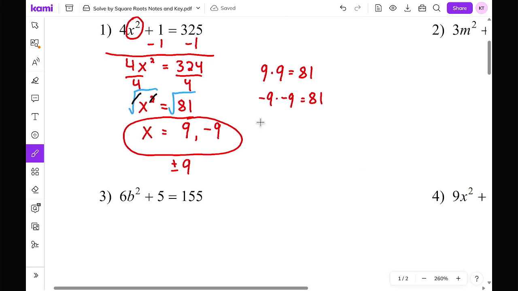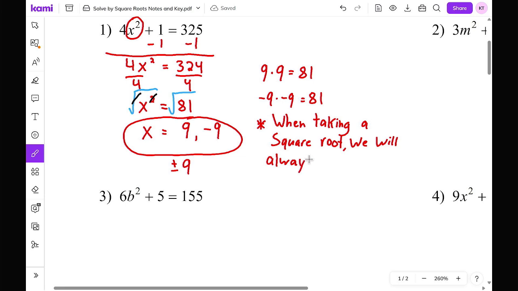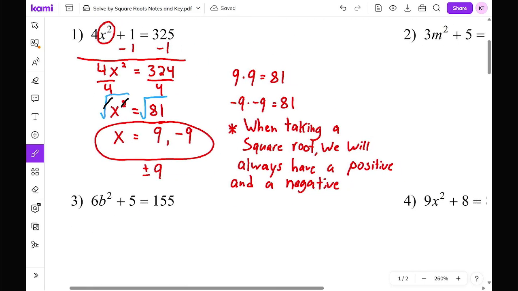So we always want to have both the positive and the negative answers written down. And just right here as a note, when taking a square root, we will always have a positive and a negative solution.